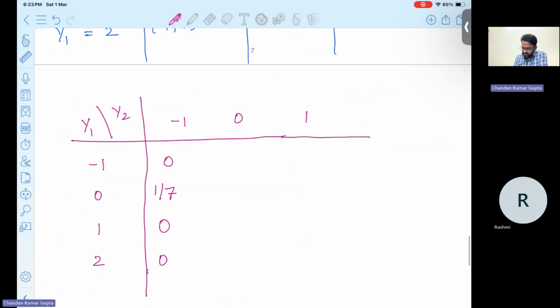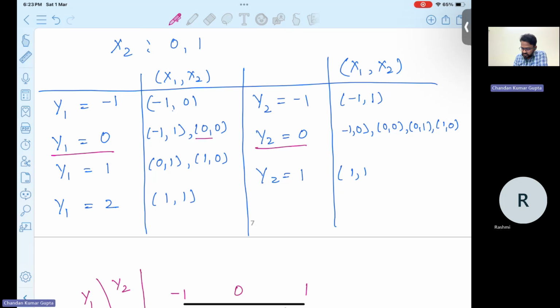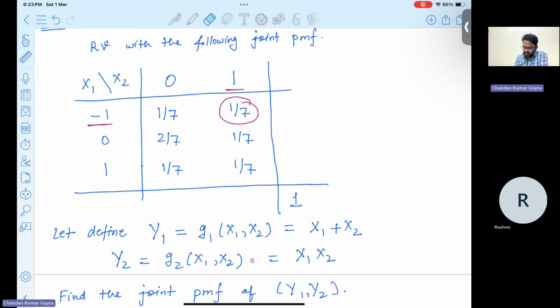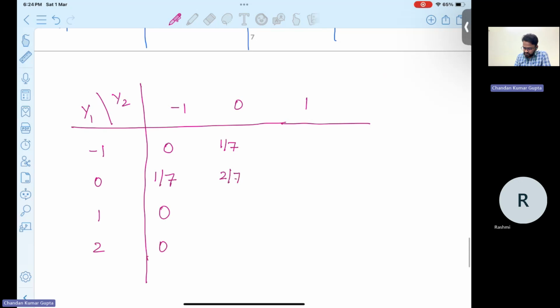Again, y1 equal to 0 and y2 equal to 0, the common portion is 0, 0, so it comes out to be 2/7.